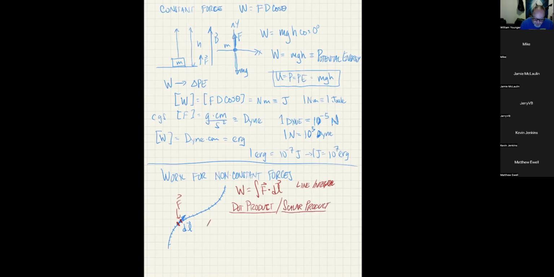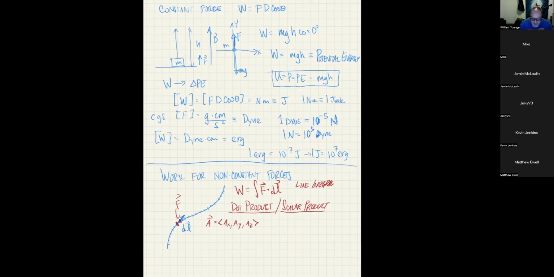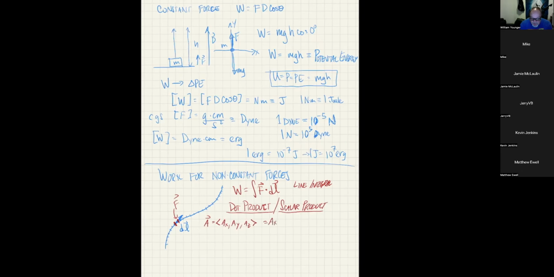And remember, there's ways you can write vectors, one of which is the easiest is this. You can say less than AX, AY, AZ greater than. That's the same thing as saying AX i hat plus AY j hat plus AZ k hat.